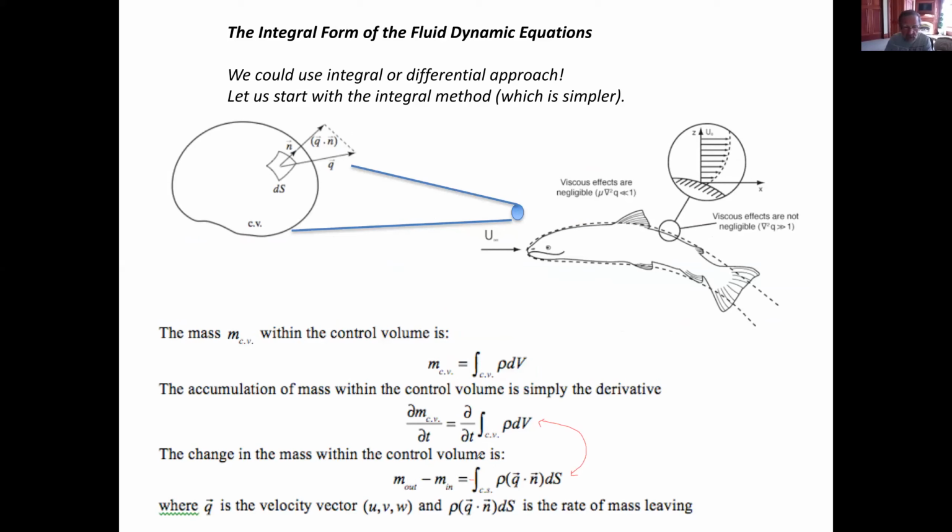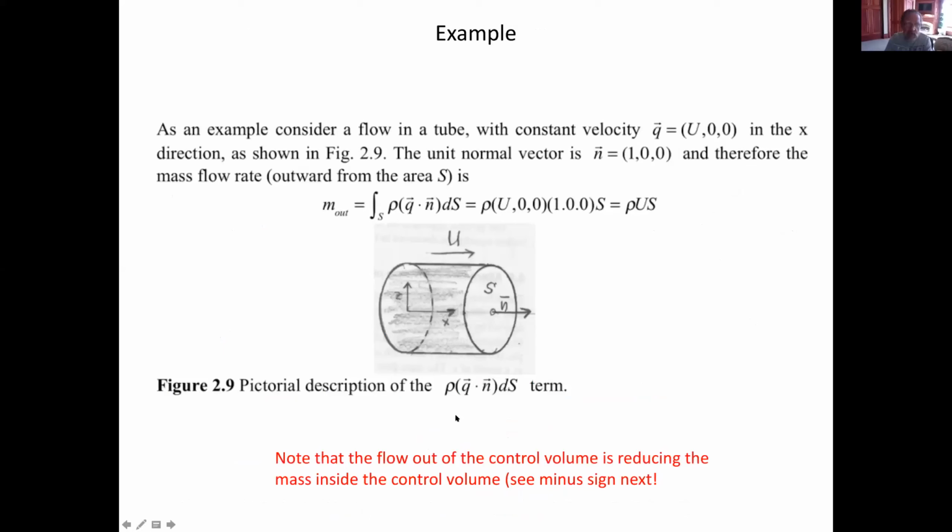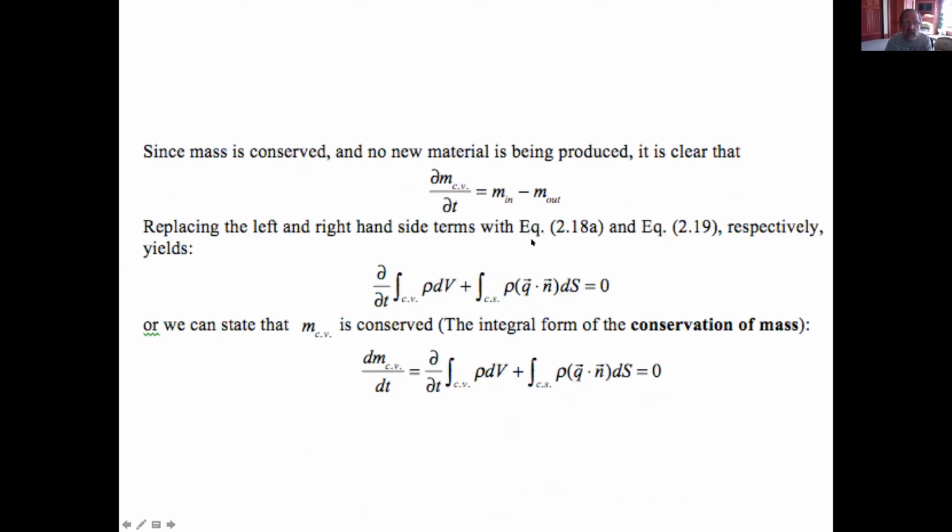So dm/dt of the control volume, if I make them equal, I have to put a minus sign because this represents a loss of mass in the control volume. So I put one to the other, and then I move everything to the other side, and I end up with this.